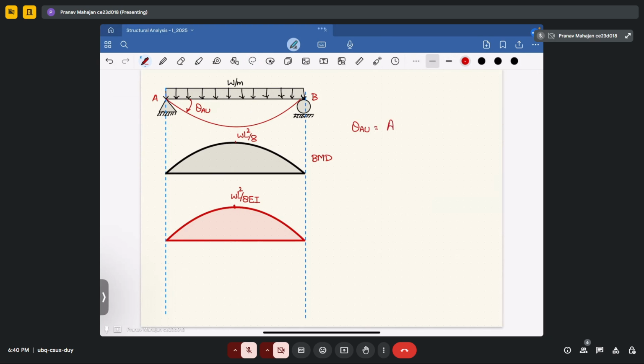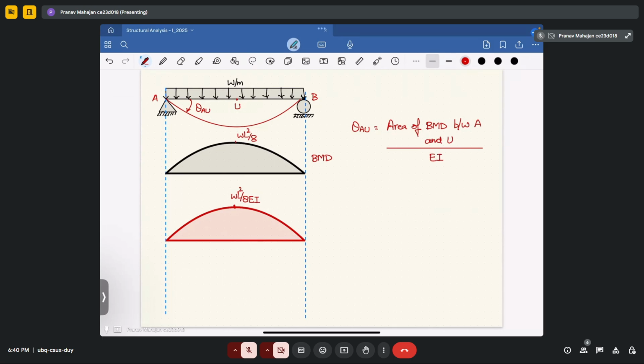You will find the area of bending moment diagram. Since I will find it between A and P, let's say this point is U. So the area of bending moment diagram between A and U divided by EI.